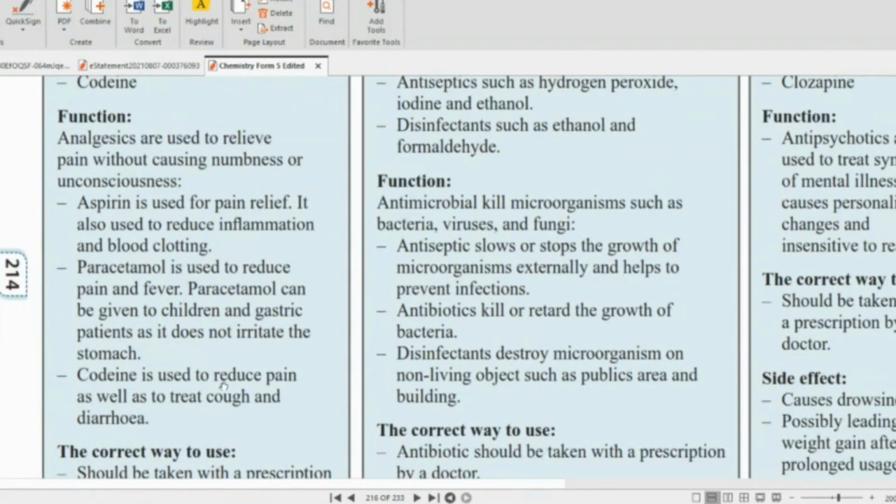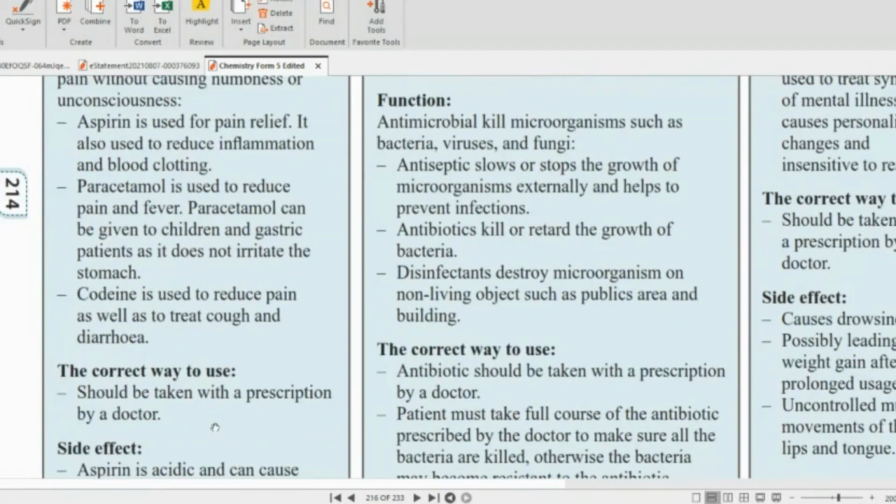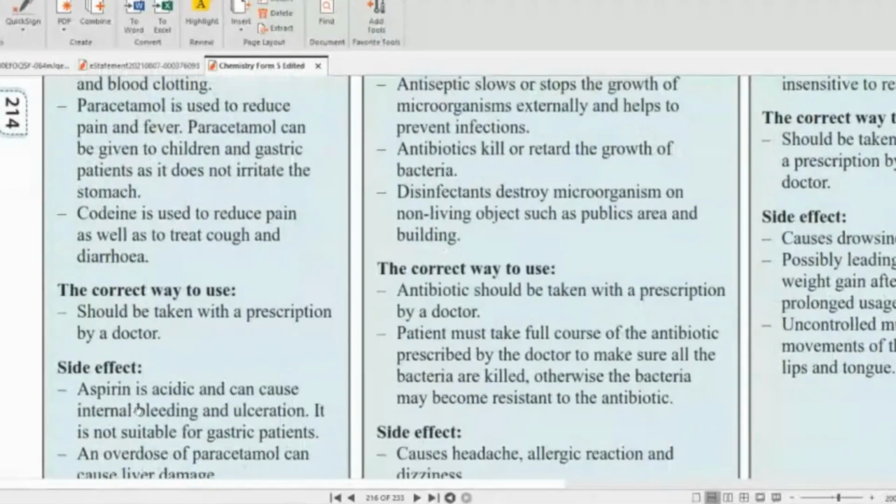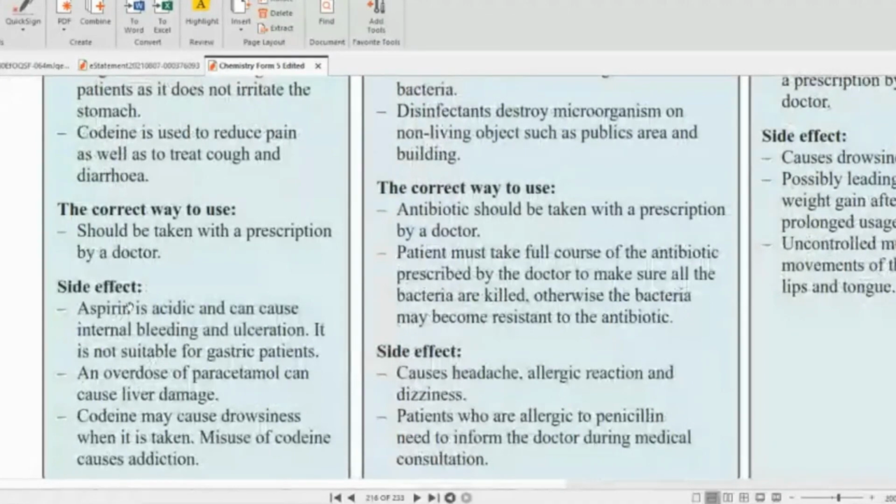Then codeine is used to reduce pain as well as to treat cough and diarrhea. The correct way is to take it with a prescription by a doctor. These are all medicines that actually need to be prescribed by the doctor. Side effects: aspirin is acidic and can cause internal bleeding and ulceration, so it is not suitable for gastric patients, pregnant women, babies, children.